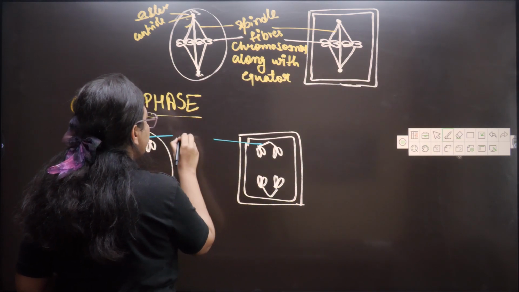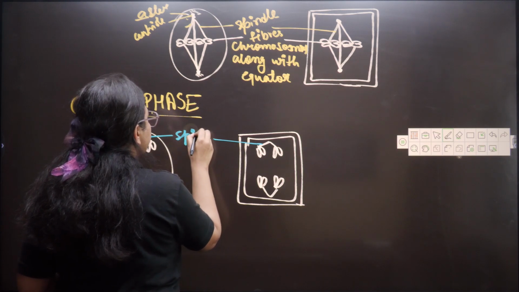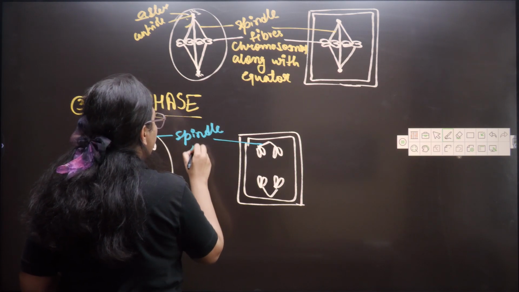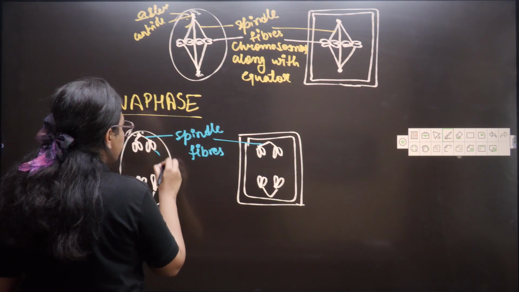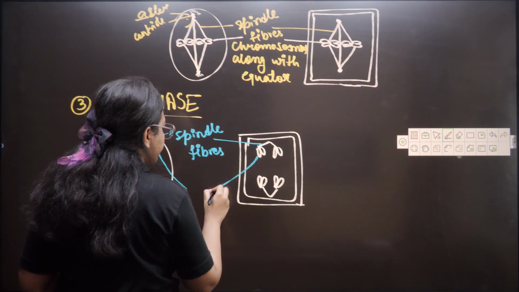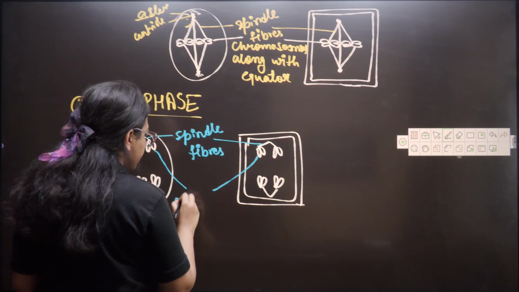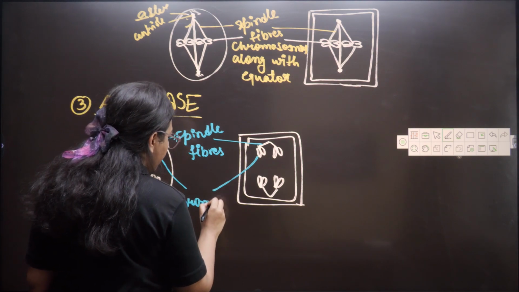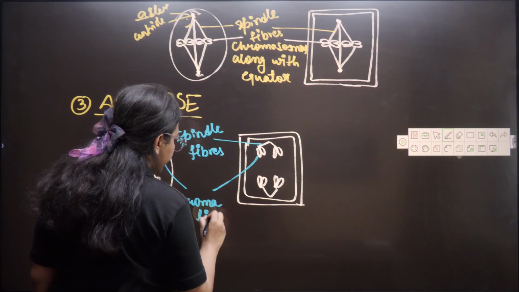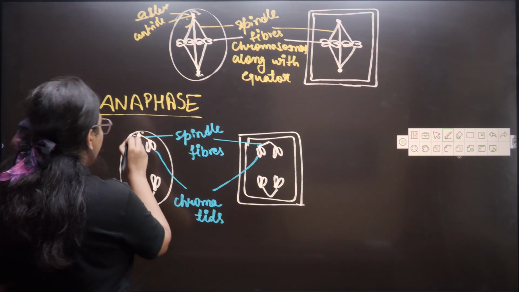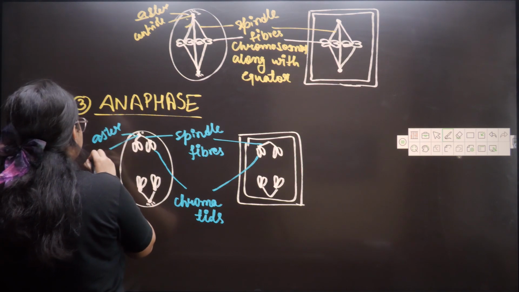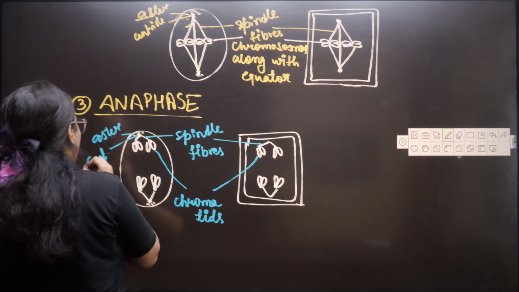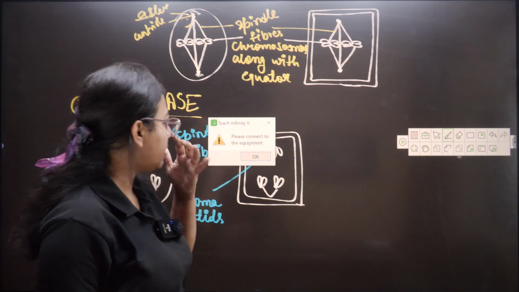This is the same, spindle fibers. And now instead of chromosomes, this is chromatids. This is the only thing. Again this is aster, this you need to draw, and then centriole. So I already have told this thing, so you can easily do it.